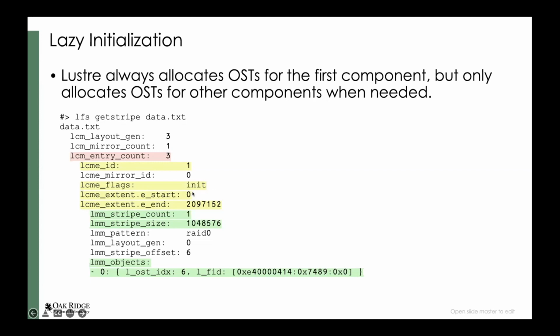You'll see the start and end points for the extent, so you know what section of the file that component covers. And the fields labeled in green show the striping details for the component itself. So you see stripe count 1, stripe size 1 megabyte. And since it's the first component and it's been initialized, you'll also see the list of the OSTs that have been assigned to it.